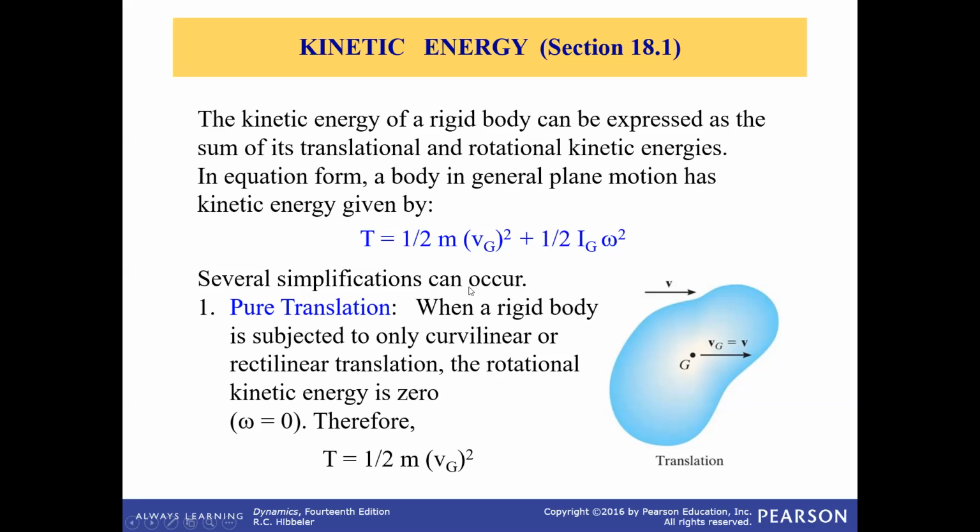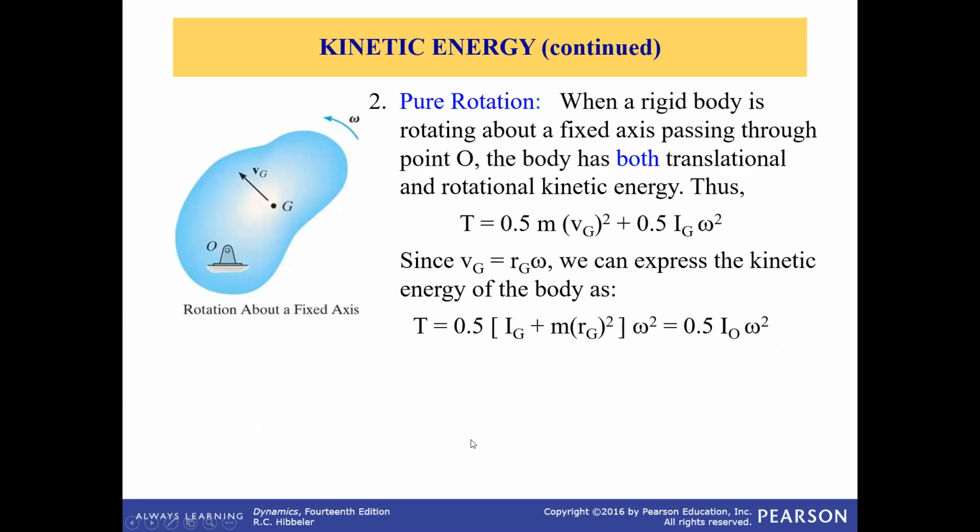If the body only has pure translational motion, then you only have the first term, 1/2 mv squared.